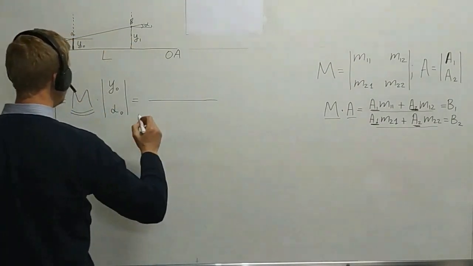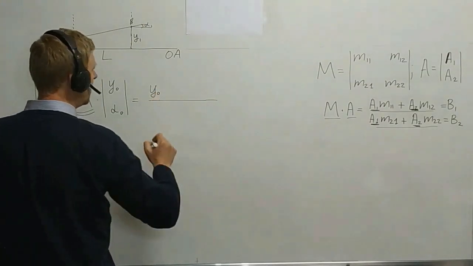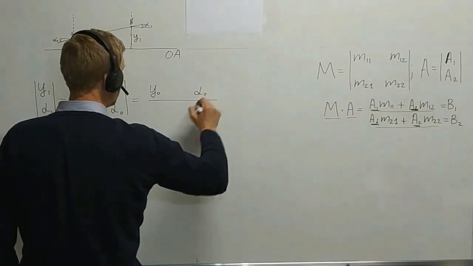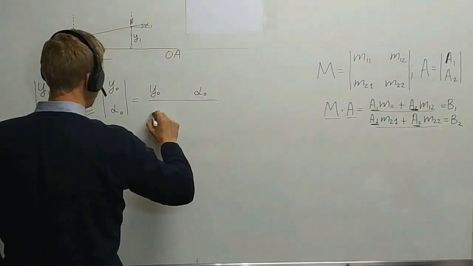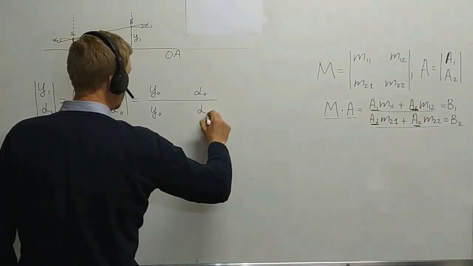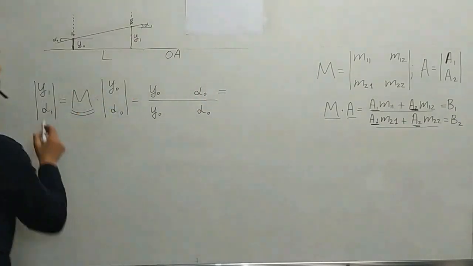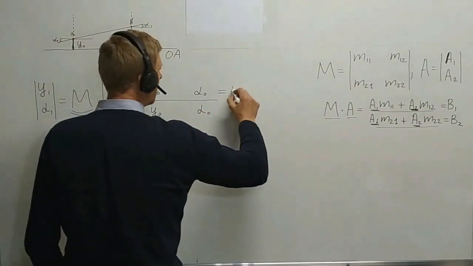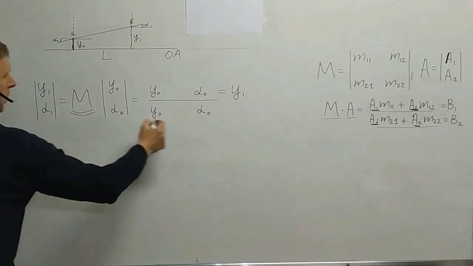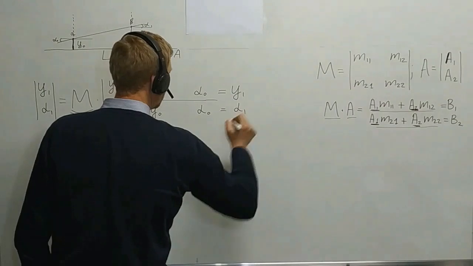I will have two numbers: A1 which is y0, and A2 which is alpha 0. And this number must be equal to y1, and this number must be equal to alpha 1.